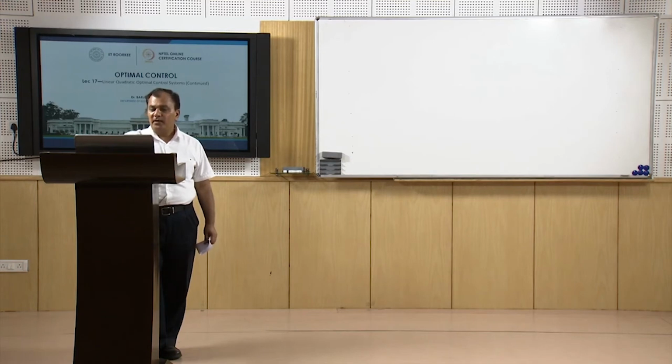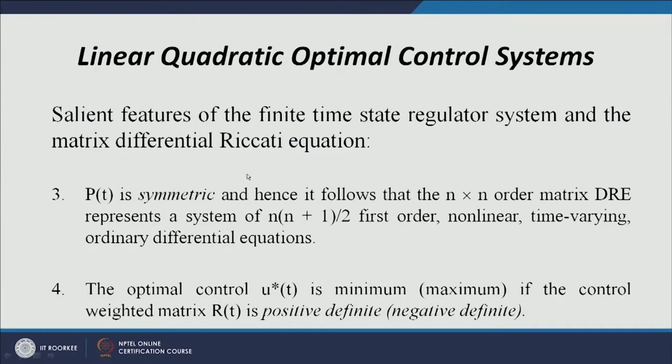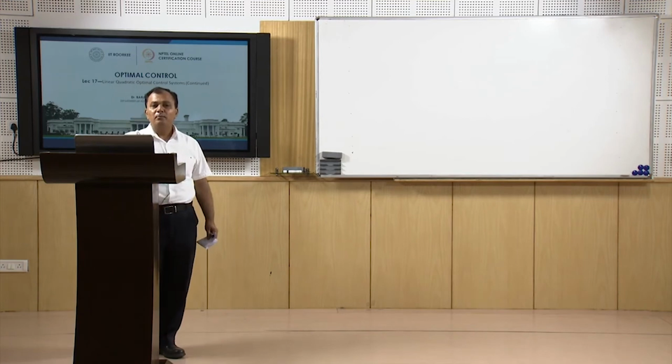Because P(t) is symmetric, my Riccati equation, which is P dot, must have n(n+1)/2 equations to get all the parameters of my P matrix. As we have seen for a second order case, my P is P11, P12, P12, P22.